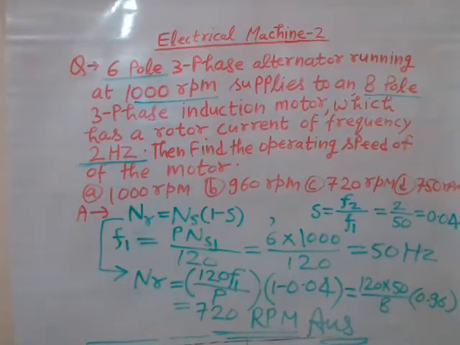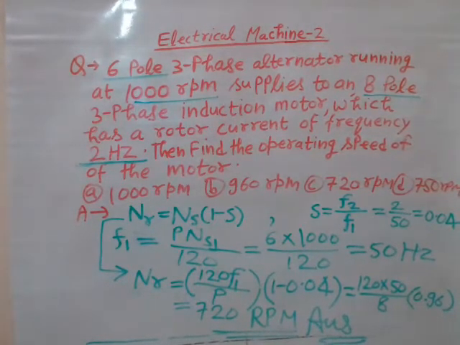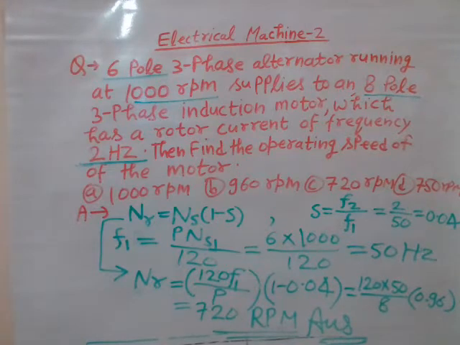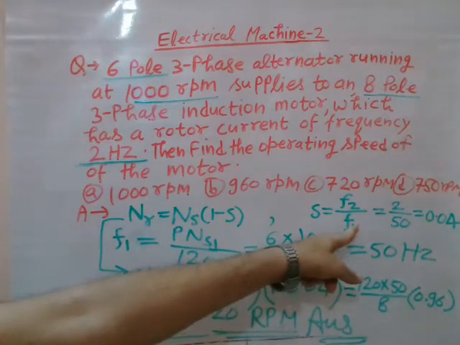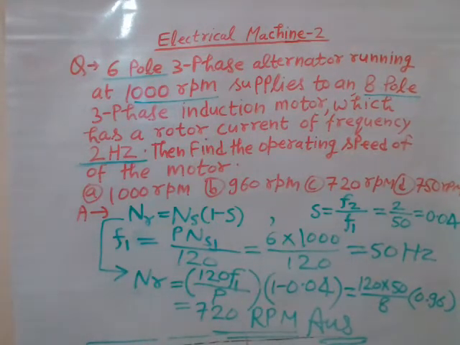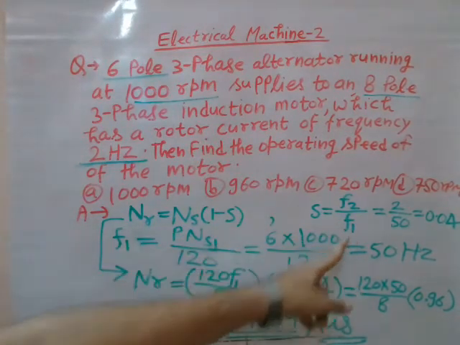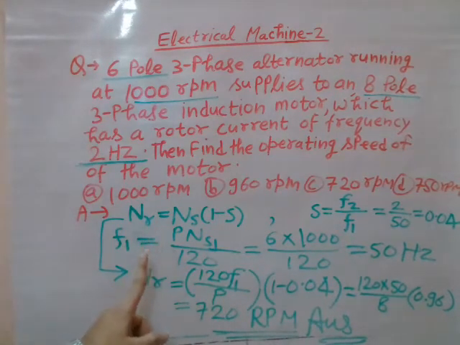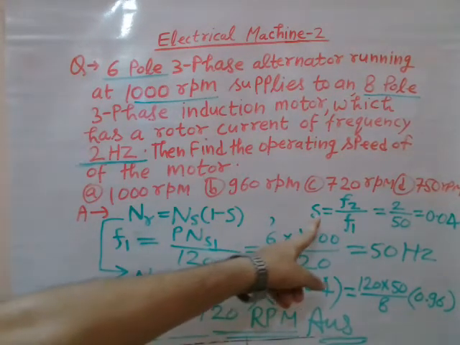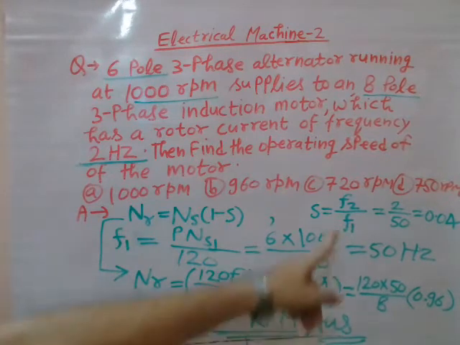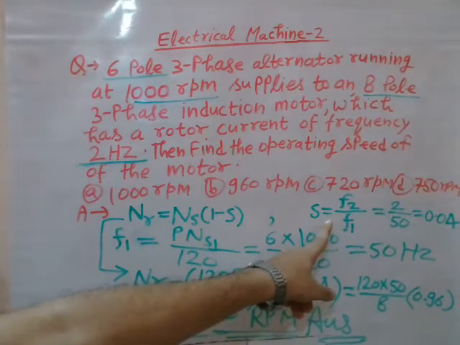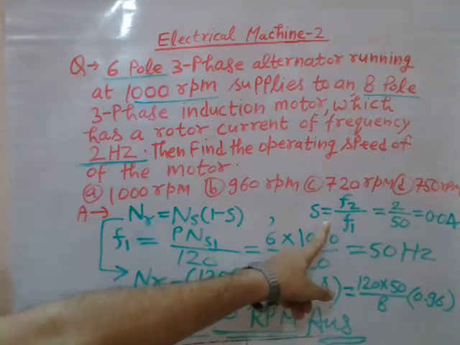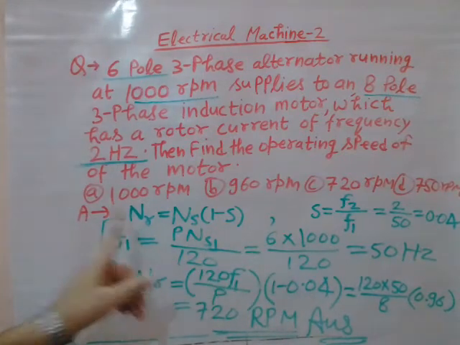So now you understand the approach of this question. The clue was to first calculate the supply frequency to this induction motor, because unless you know the supply frequency you cannot calculate the slip, and if you cannot calculate the slip, then you cannot calculate the rotor speed.